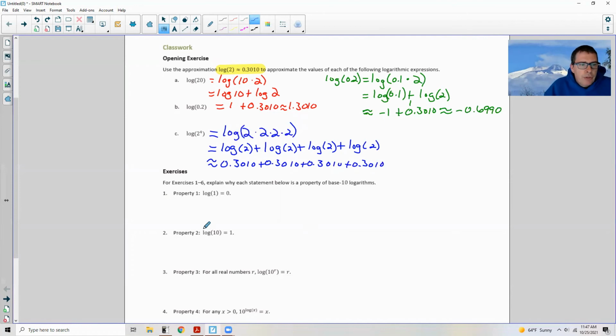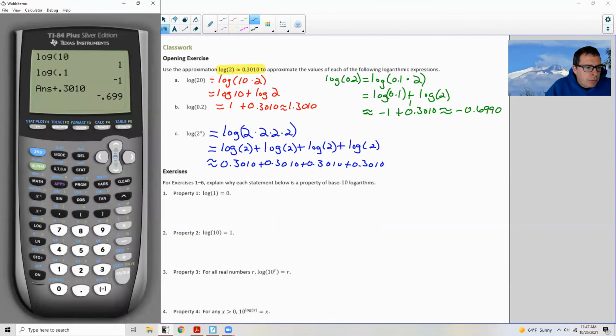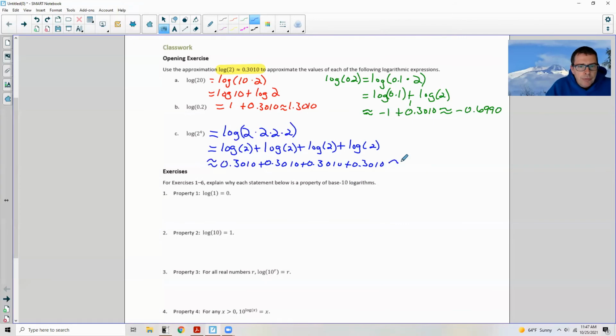So I'll just do 0.3010 times 4. It's the same thing as adding it 4 times. And I get 1.204. Rounding to the 10,000th place is 1.2040.